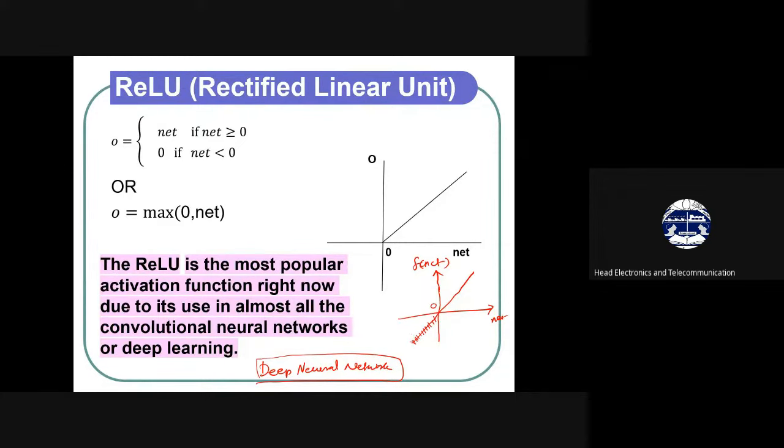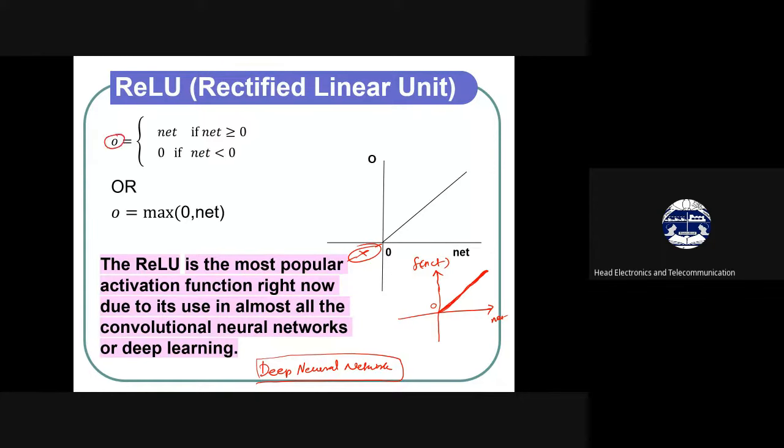Okay, so this is removed. And we just keep this linear portion of the curve from 0 onwards. So this portion is removed. It is not there. So what does it become?